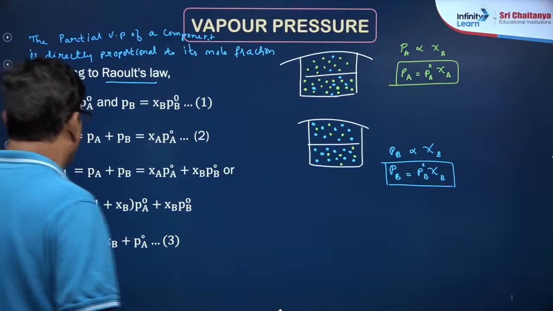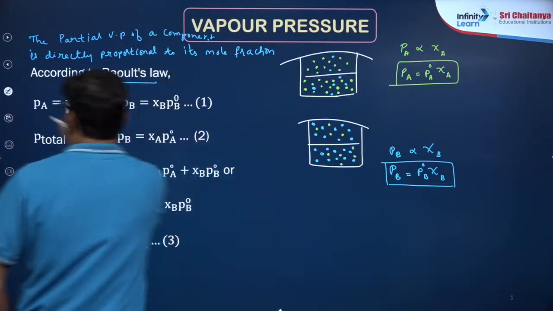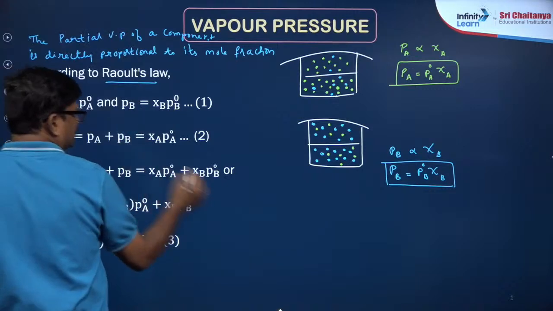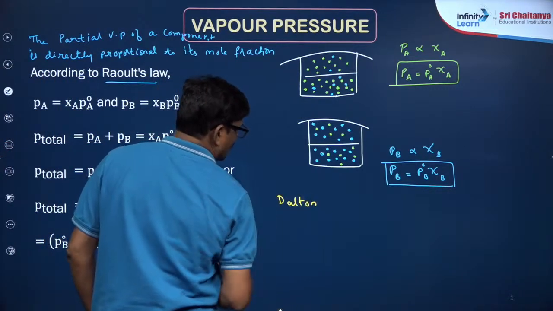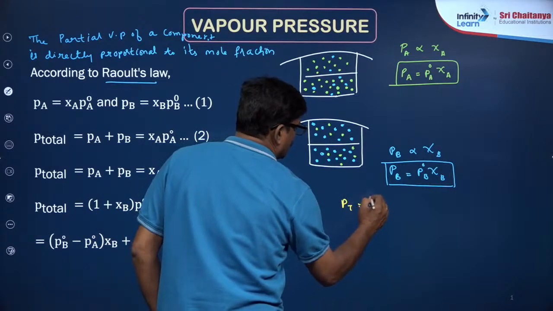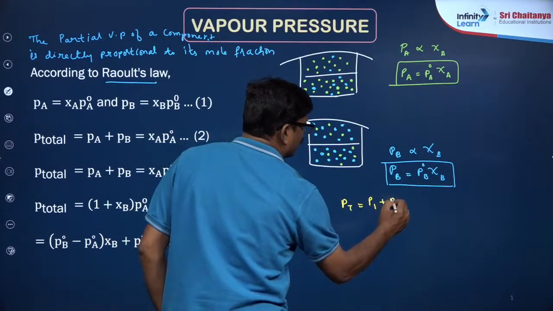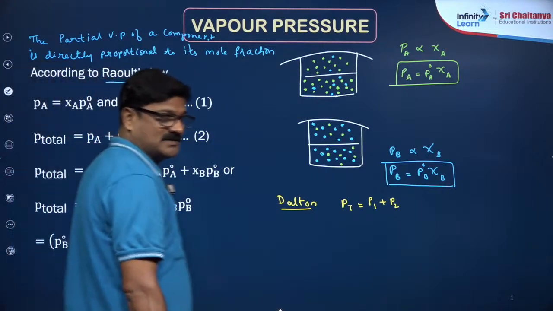Yes. So I want to say, according to Dalton's law, total pressure is equal to P1 plus P2, right?